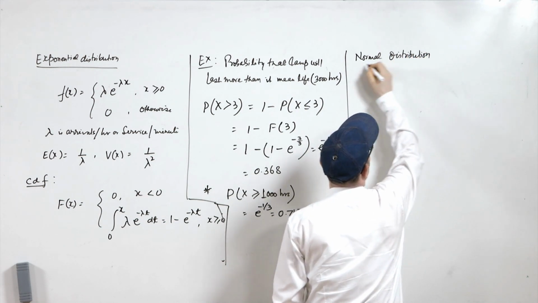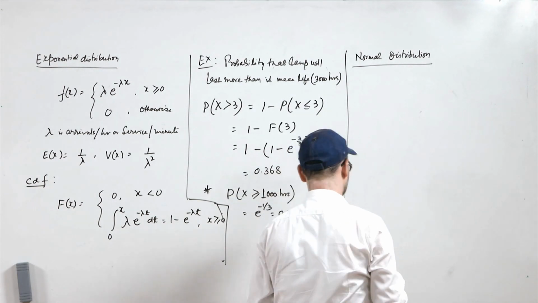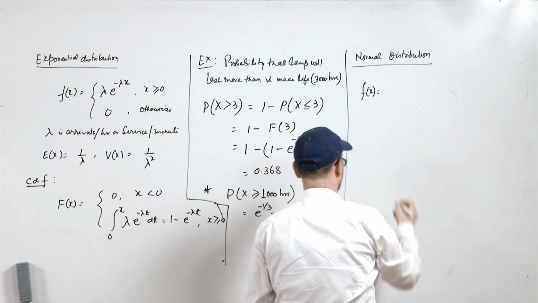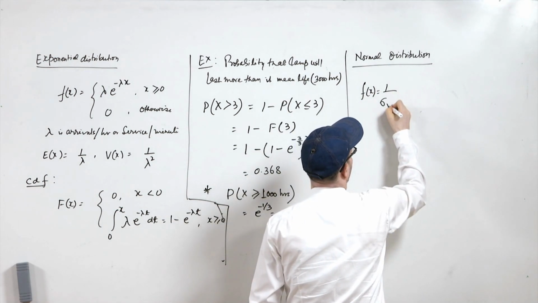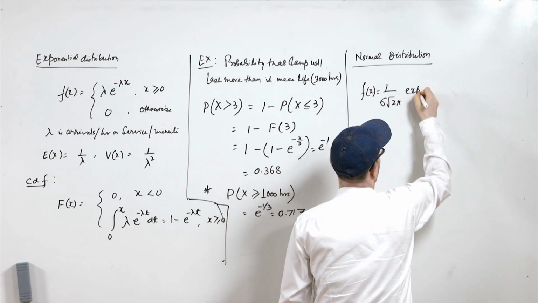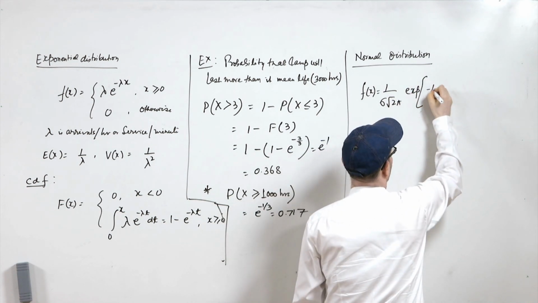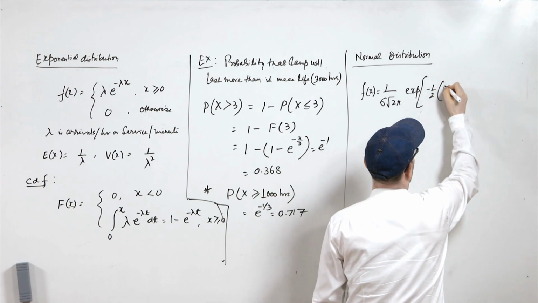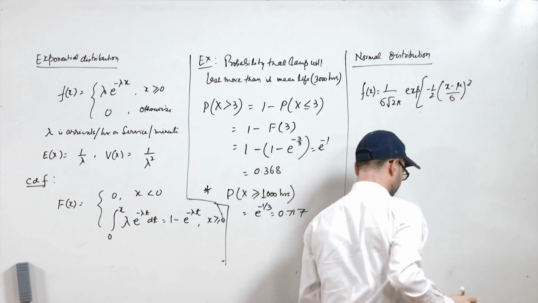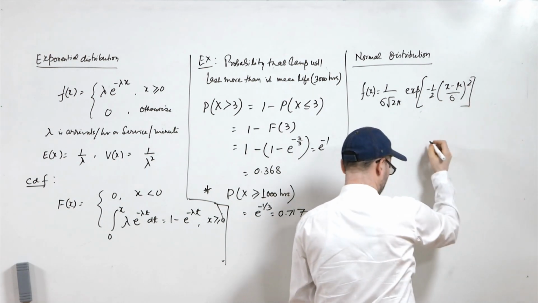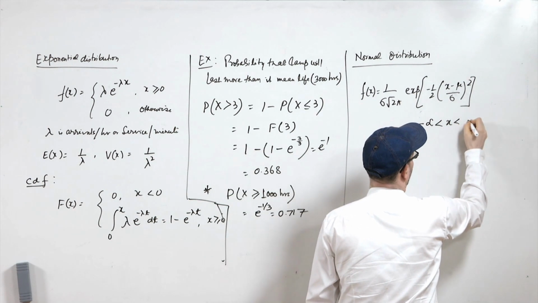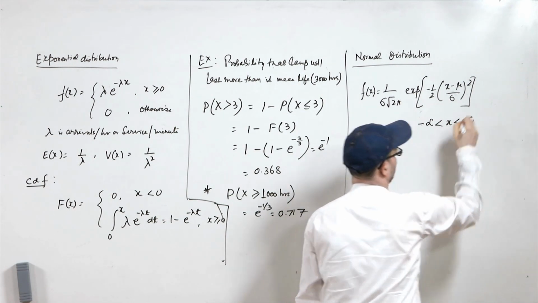In the normal distribution, f(x) takes this form: 1 by sigma root 2 pi, exponential of minus 1 by 2 times (x minus mu upon sigma) whole square, when x is between minus infinity and plus infinity.